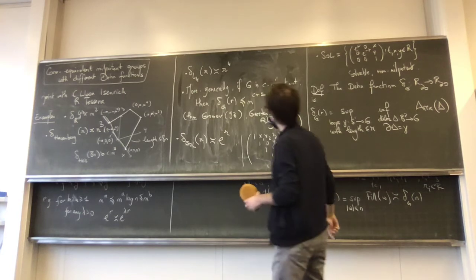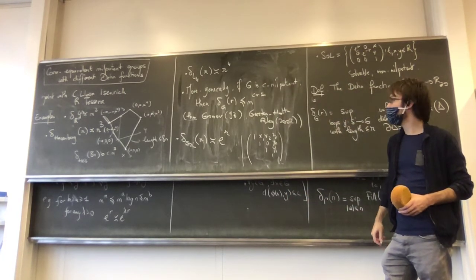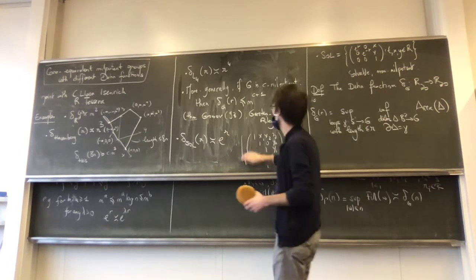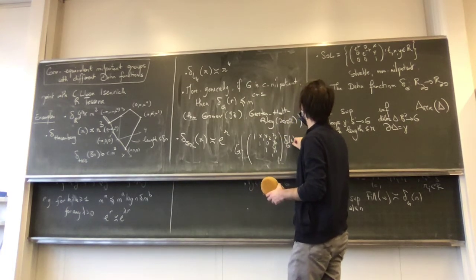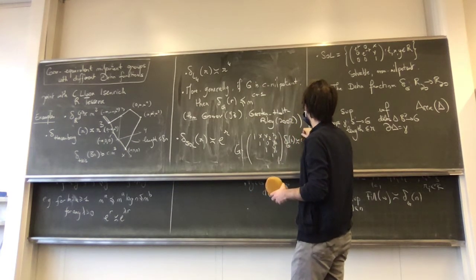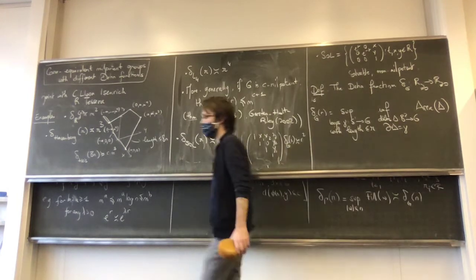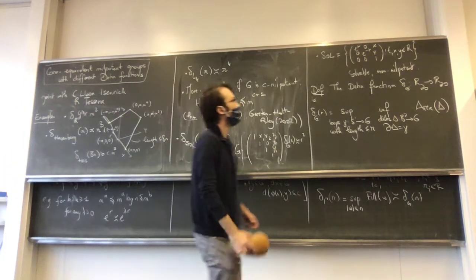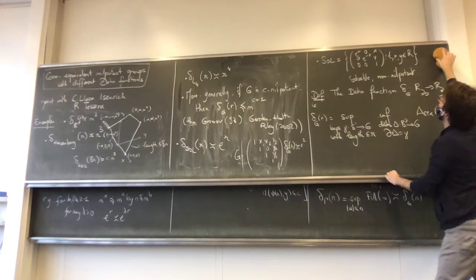This is nilpotent of class 2, but still its Dehn function is quadratic. And if I have time in the end, I can spend some time to explain the difference between Heisenberg 3 and Heisenberg 5.